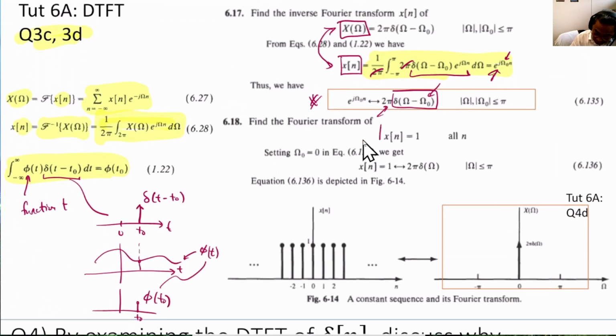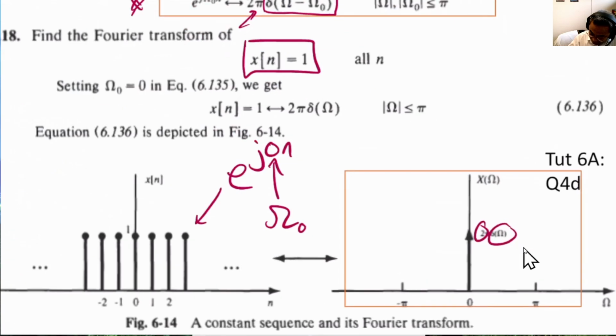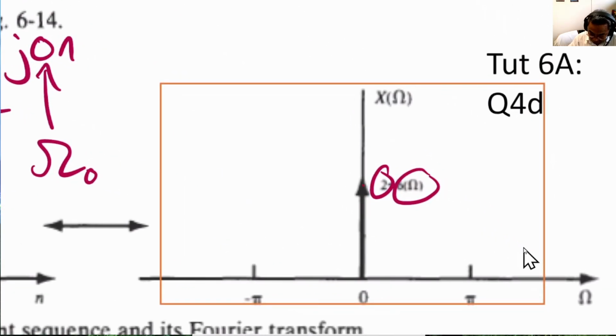Now, in the second question, Q3D, we're given a constant. A constant can be thought of as e to the j0n, where omega equals 0. So we substitute omega equals 0 here, and now we basically have 2 pi multiplied by the delta function, a delta function at omega equals 0.